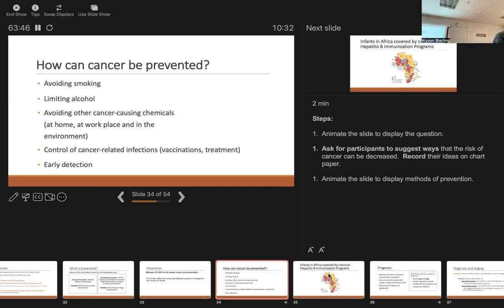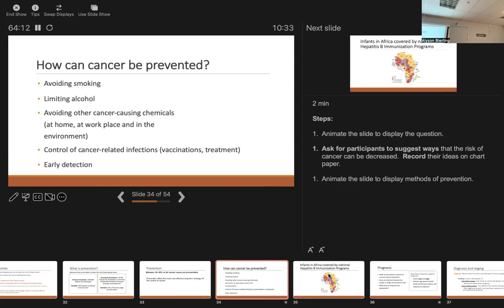And early detection is only relevant for certain types of cancer. There are certain types of cancer where we are able to detect precancerous lesions, a lesion that is not yet cancer but could develop into cancer.